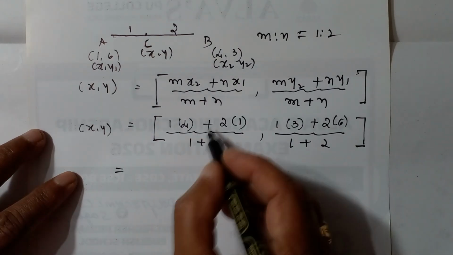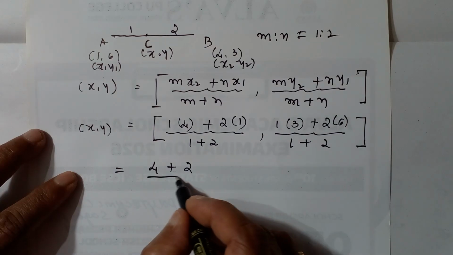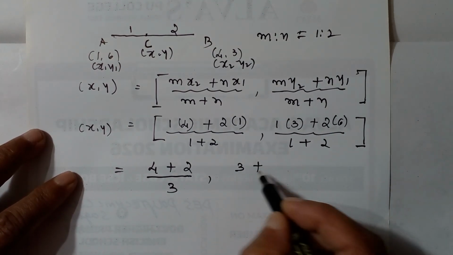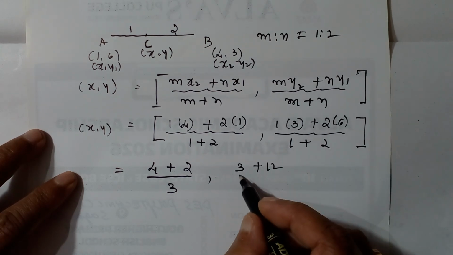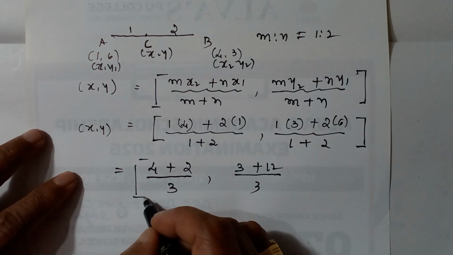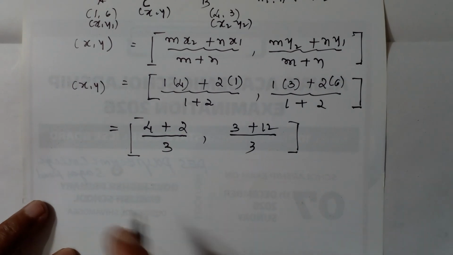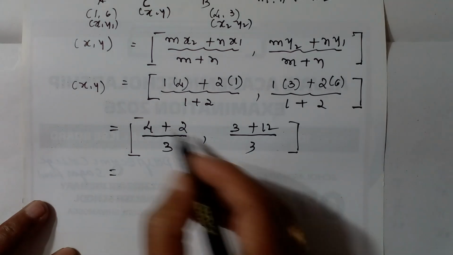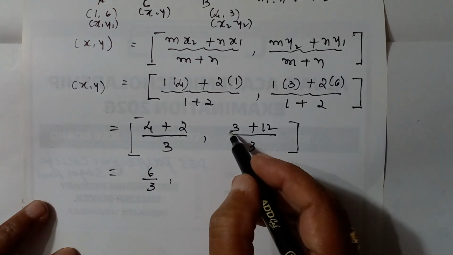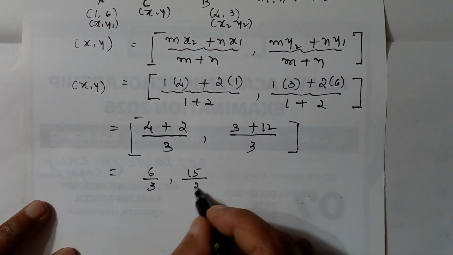Here it is equivalent to (1 fours are 4 plus 2 ones are 2) divided by 3, comma, (1 threes are 3 plus 2 sixes are 12) divided by 3. Put it inside the square bracket. After this we need to simplify. 4 plus 2, what are we getting? 6 divided by 3, comma, 3 plus 12, we get 15 divided by 3.